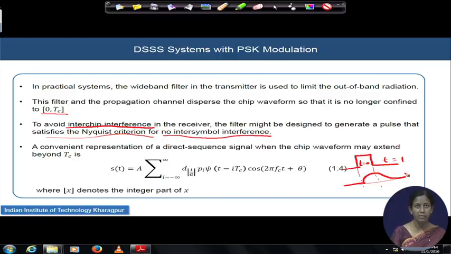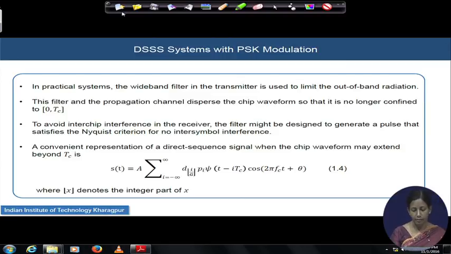We will discuss a little bit here about what exactly this intersymbol interference effect is, and how you can design the Nyquist pulse. The Nyquist criteria is like this. In the first criteria, Nyquist designed a pulse in such a way that its value will be equal to 1 when t is equal to 0, and it will have the value 0 for any other t equal to, say, n into Tb, where Tb is the duration of the pulse.